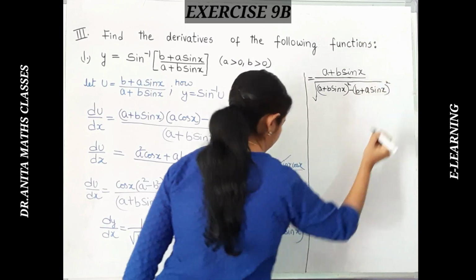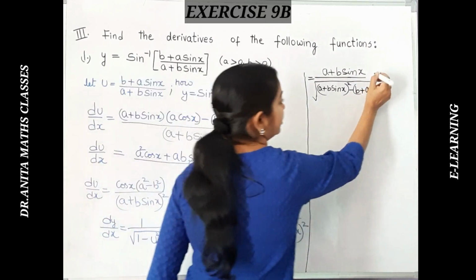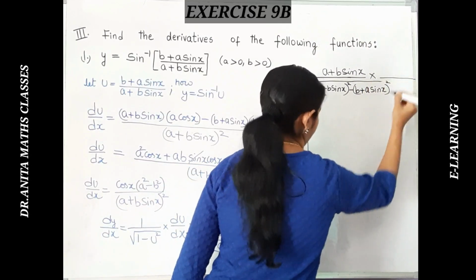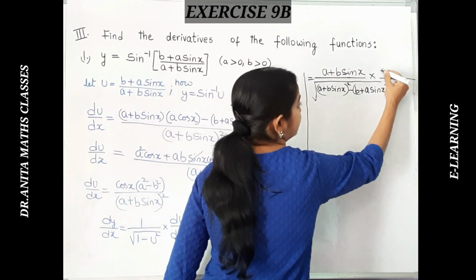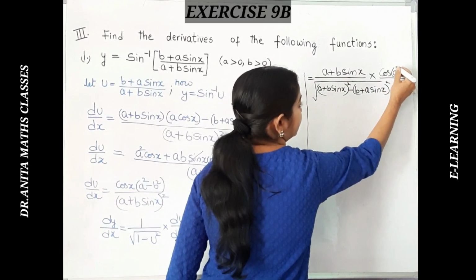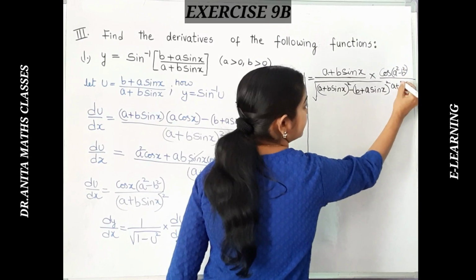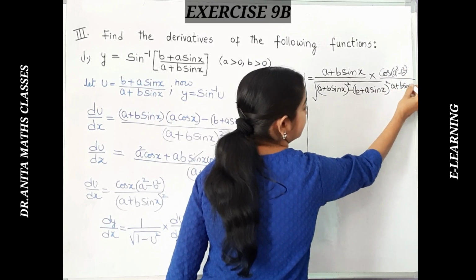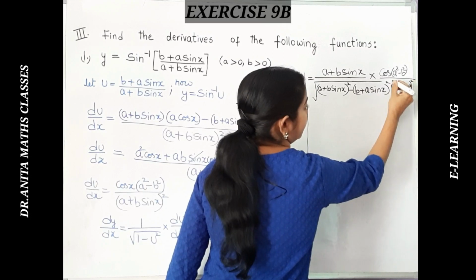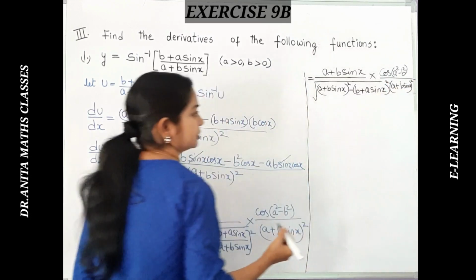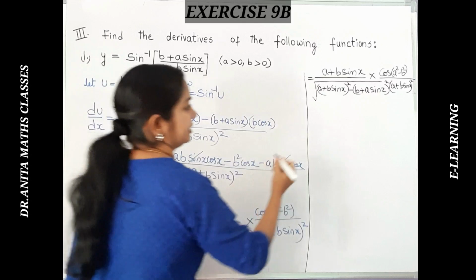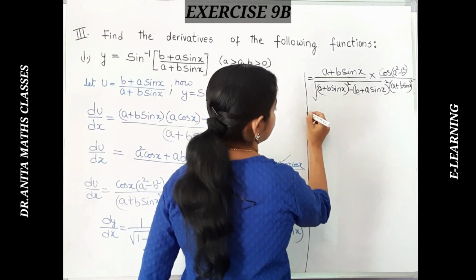Okay, this square root is there and multiplied by, we do have this. So there is no space here, cos x into a square minus b square divided by a plus b sin x whole square. Okay. Right. Now here we'll see what else we can cancel off.